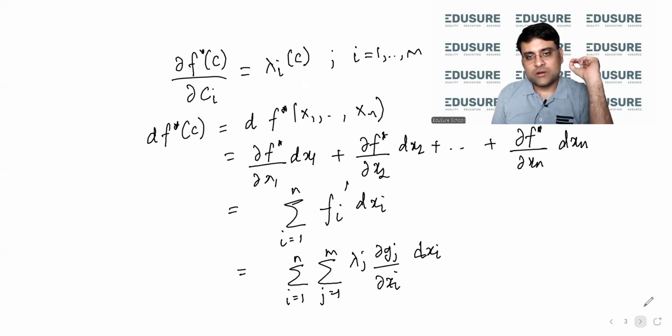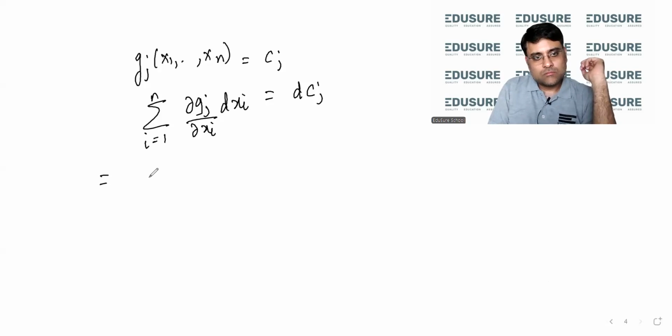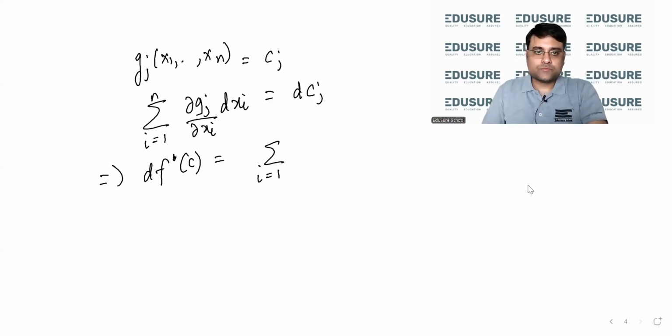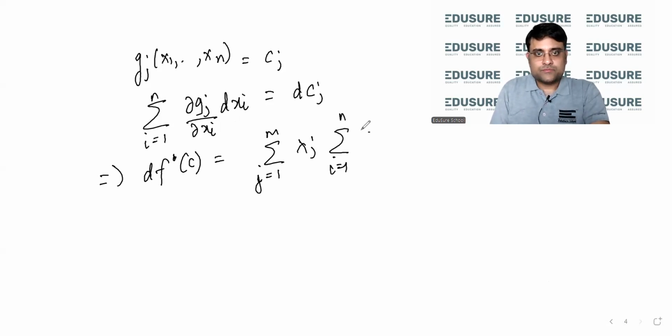So this can be written as j equals 1 to m. So it will be lambda j and summation i equals 1 to n. This entire part is nothing but dCj.